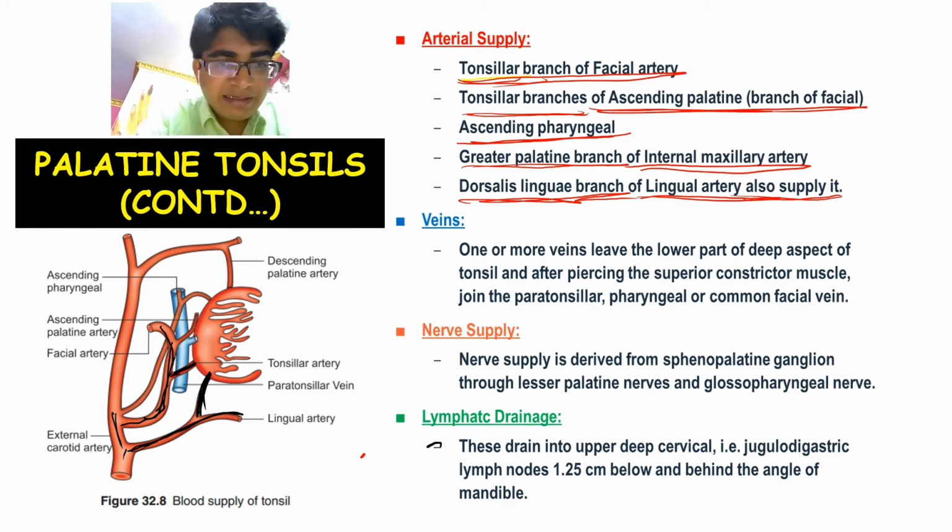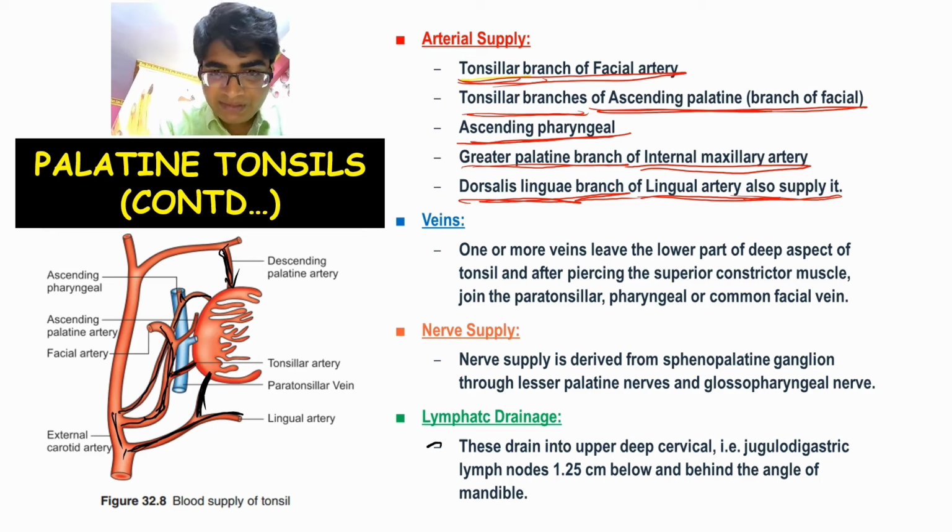Then there is again one branch coming out of this very artery, which is nothing but the ascending pharyngeal artery, and there is also another arterial supply from the greater palatine branch of the internal maxillary artery and the descending palatine artery.